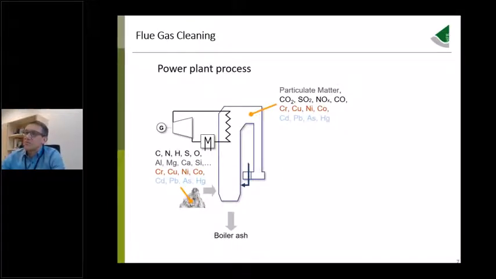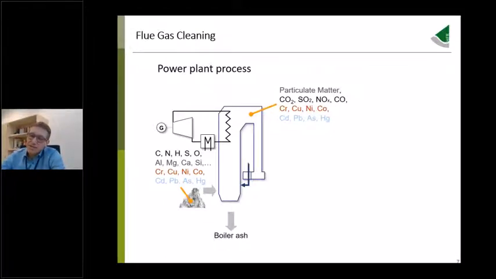So as I said before, we've got the plant process, and we do get a rather coarse ash, and we do get fly ash, which is contained in the flue gas. So probably in different countries to different extents, but in Germany we are very concerned about particulate matter emissions.